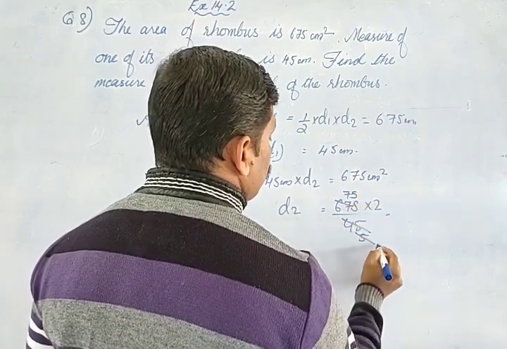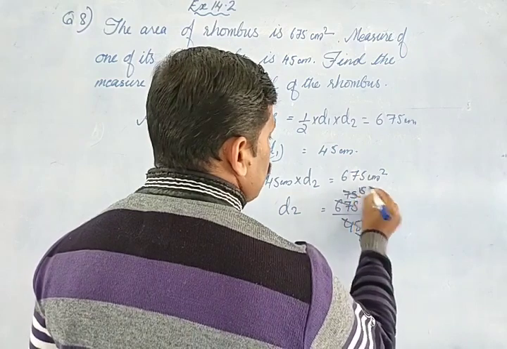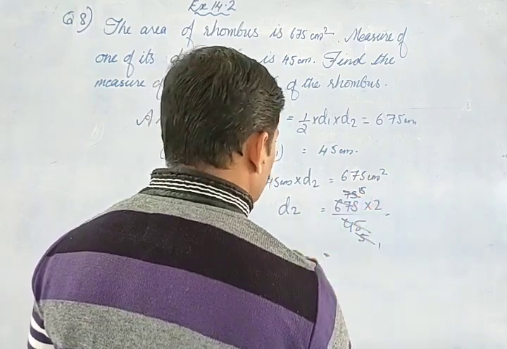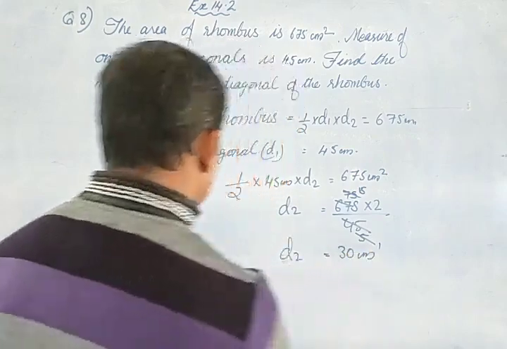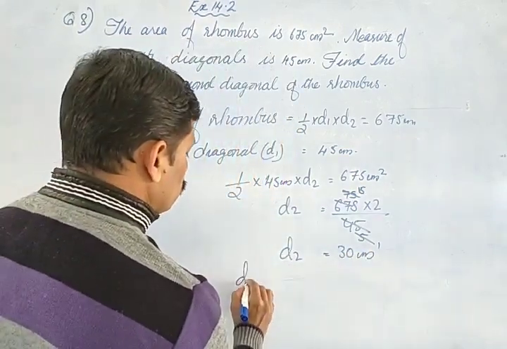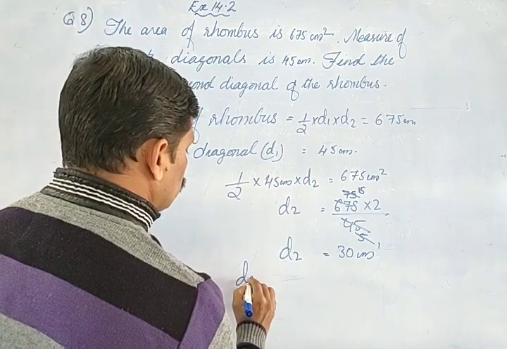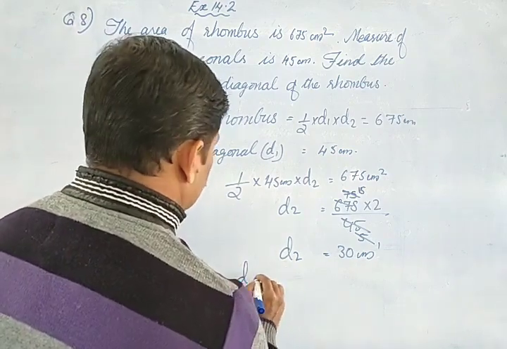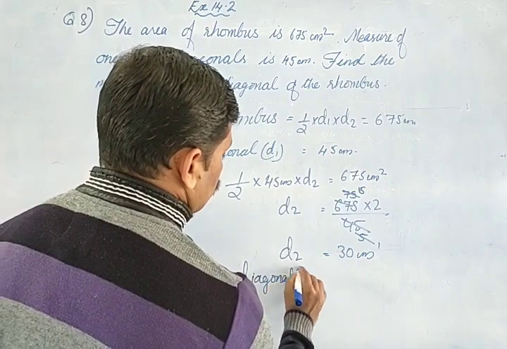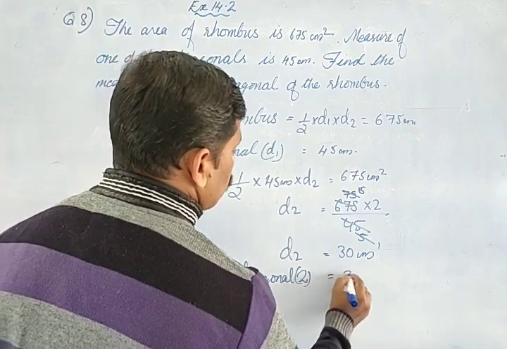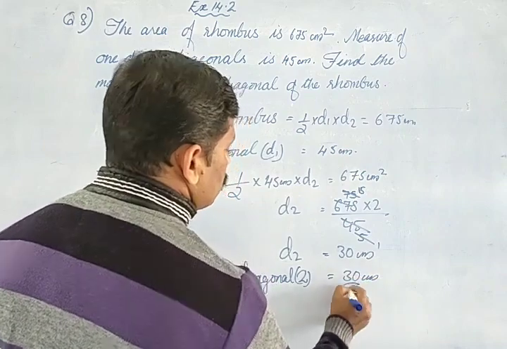Again we can cut by 15, and 15 into 2 is equal to 30. So diagonal D2 is equal to 30 centimeters.